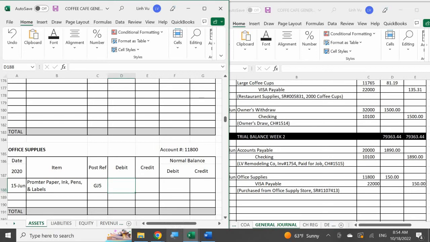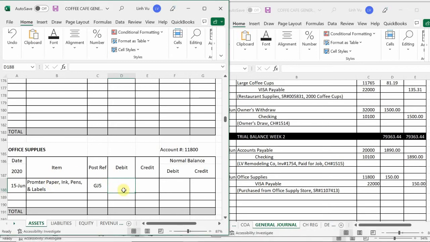So we're going to debit how much? Is this where we break down the amount? You can if you want to in your notes, but in this case I don't care to keep track of my paper, pens, labels, and things like that.